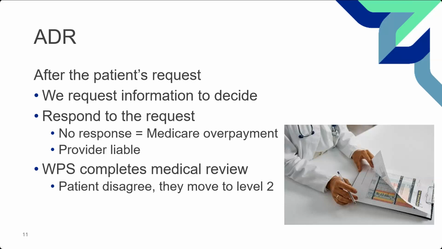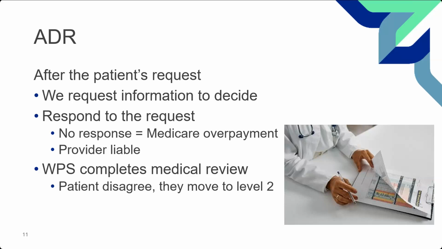Somebody did ask, what are the levels of appeal? And I want to remind everyone, there are 5 levels. Okay. Level 1, in the appeals, is a process. The levels are who conducts what. Level 1 is a redetermination completed by the Medicare administrative contractor who processed the claim.